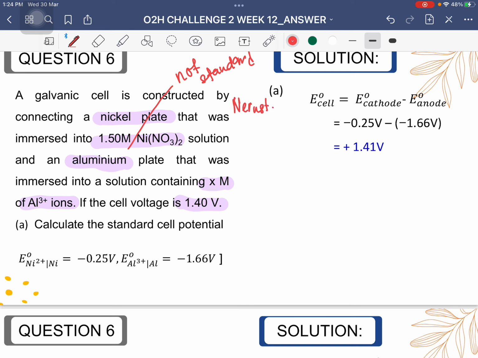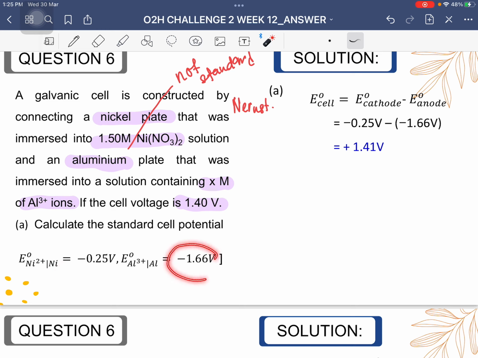But first of all, the question asks to calculate the standard cell potential. So the standard cell potential is E naught cell. This is for standard, where cathode minus anode. So here, given the standard electrode potentials for aluminium and nickel, the more negative will be the anode.